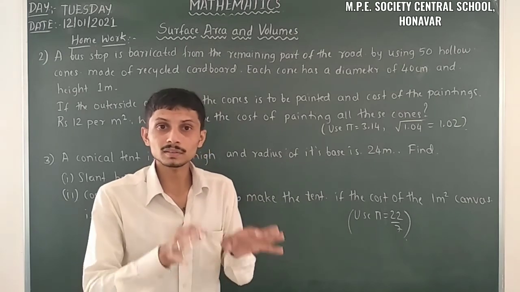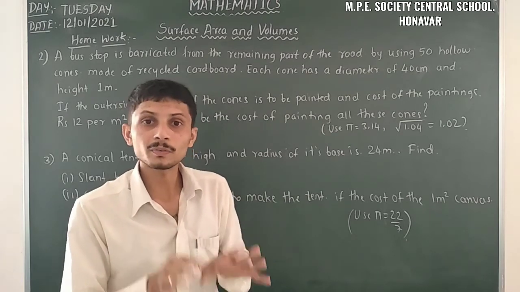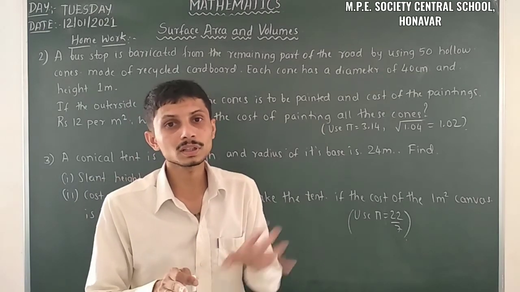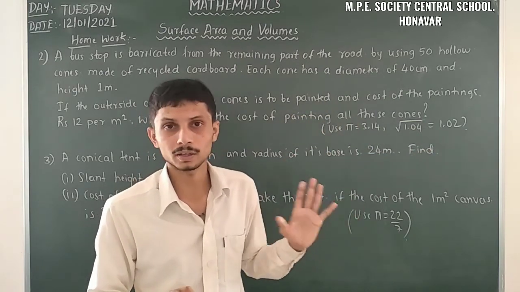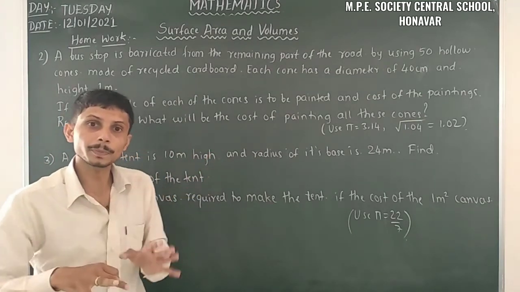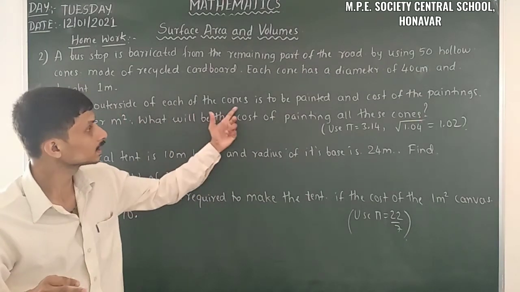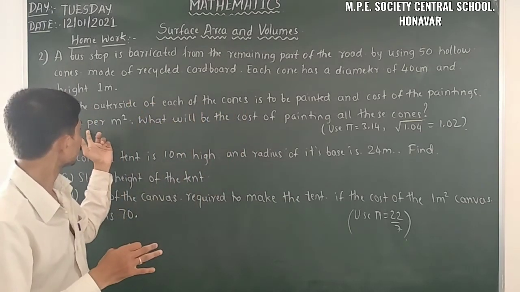And then we can find out the total surface area of the cardboard. On the cardboard we have to paint the outside of each cone, and the cost of the paint is ₹12 per meter square.